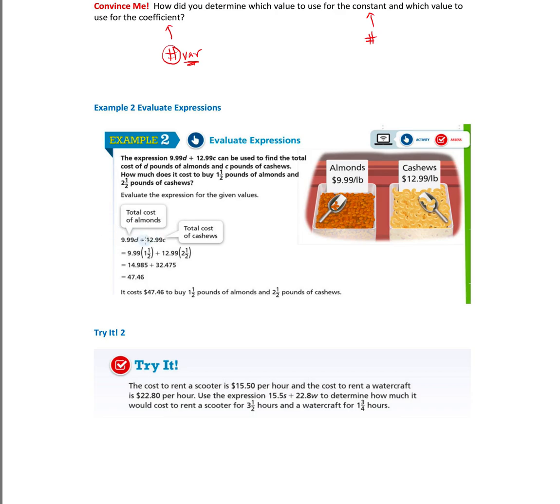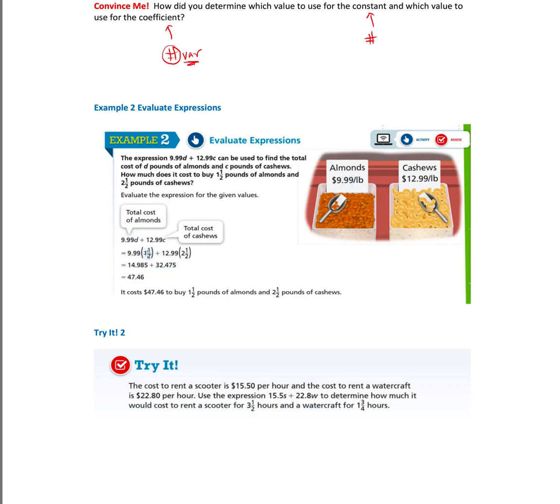So you can see it right here. They start off on every evaluating expressions problem. I think you should write down the expression with the variables in it. Then they replace the variable d with 1.5, because it says there's 1.5 pounds of almonds, and the almonds went with the $9.99.